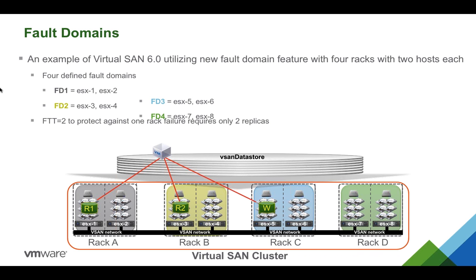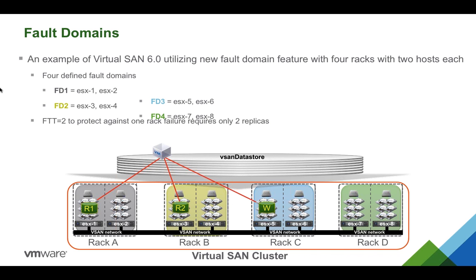We have the whole witness concept, and we have to make sure that we have N+2 in this case to provide protection for this particular server. That leads to 3 mirror copies of the actual data.